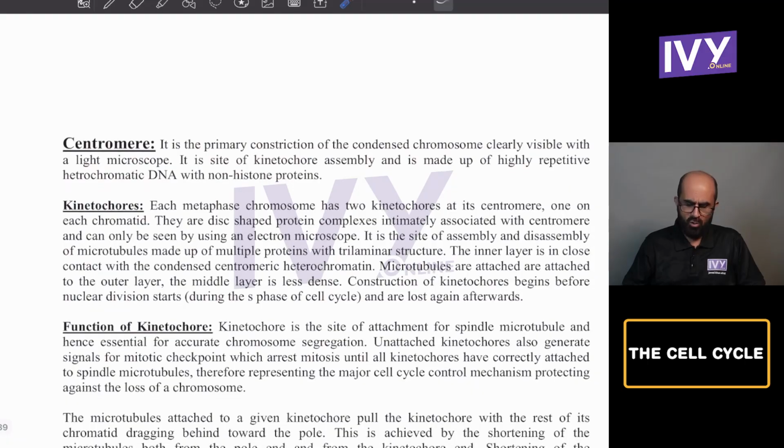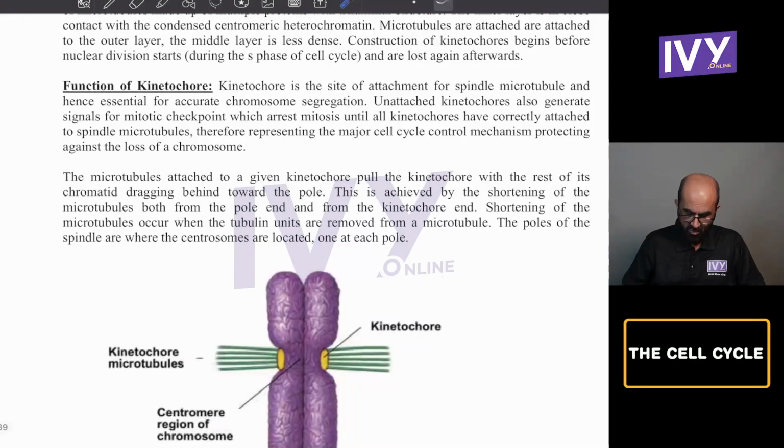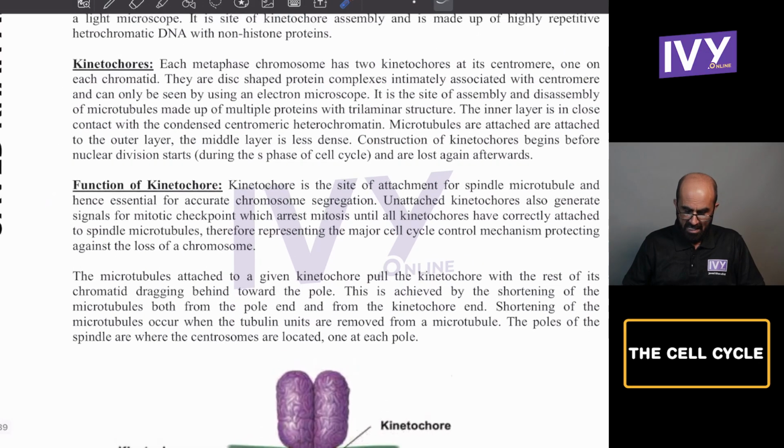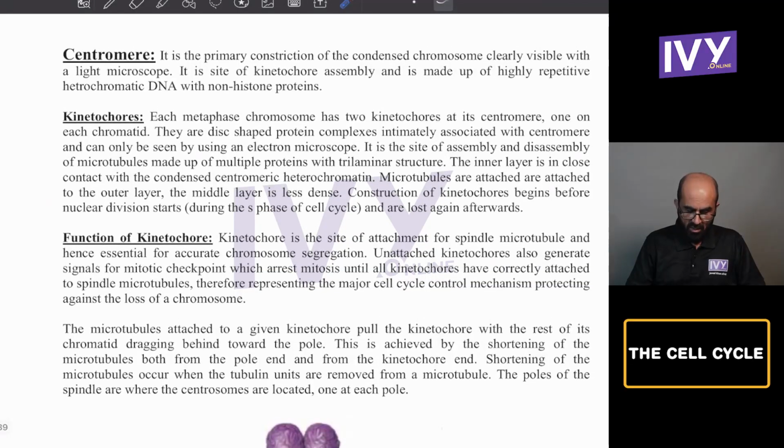Then what is kinetochore? Keep in mind that kinetochore can only be seen at the stage of metaphase. Each metaphase chromosome has two kinetochores at its centromere. You can see two kinetochores. One is there and the other one is here, one on each chromatid.